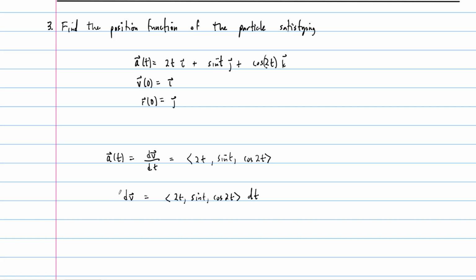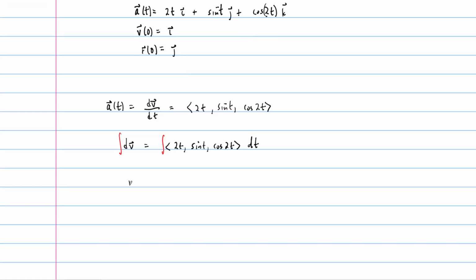And at this point we can integrate. We know how to integrate our vector functions: we do it component by component. On our left-hand side we have our v of t. Each component gets its own unknown constant, or we could add an unknown constant vector at the end.